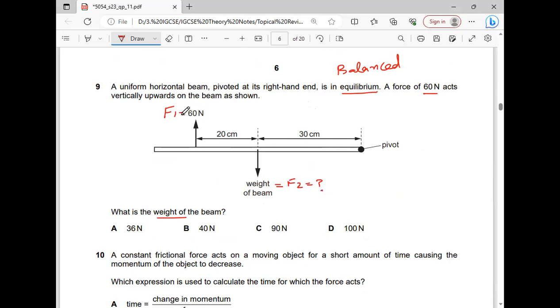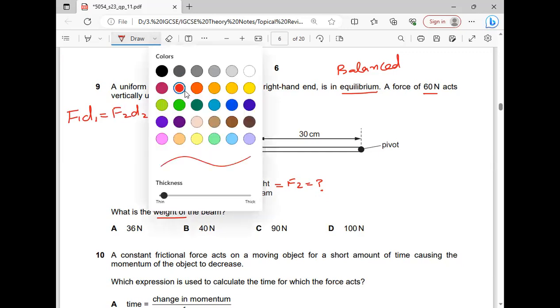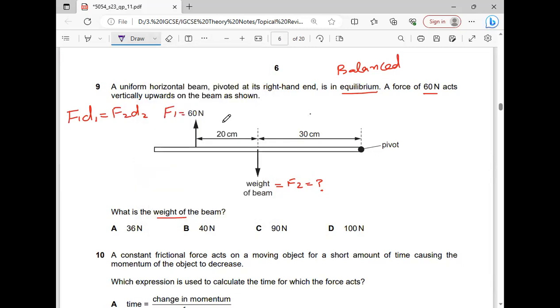F1 is 60 Newton. We know that principle of moment is F1 D1 is equals to F2 D2. Now, make sure one thing, that whenever we are going to determine the distance, the moment arm, always the distance will be measured from the pivot.